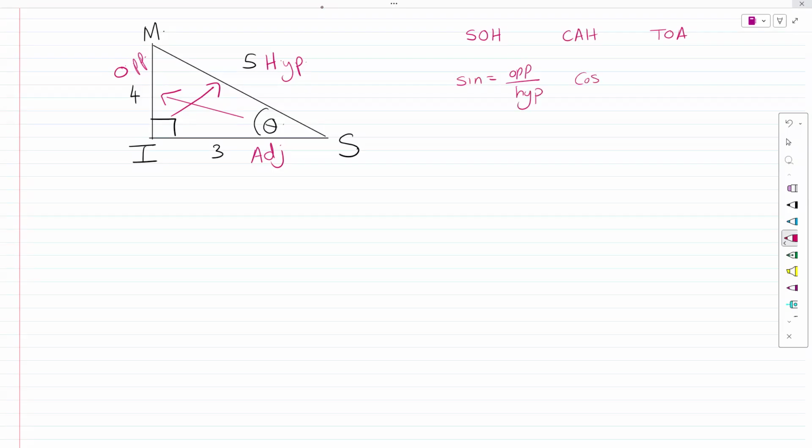CAH stands for cos equals adjacent over hypotenuse. And TOA is tan equals opposite over adjacent. Now, the moment that you learn this, the rest of 2D trig is just about understanding the triangles. And going forward, it is quite simple.